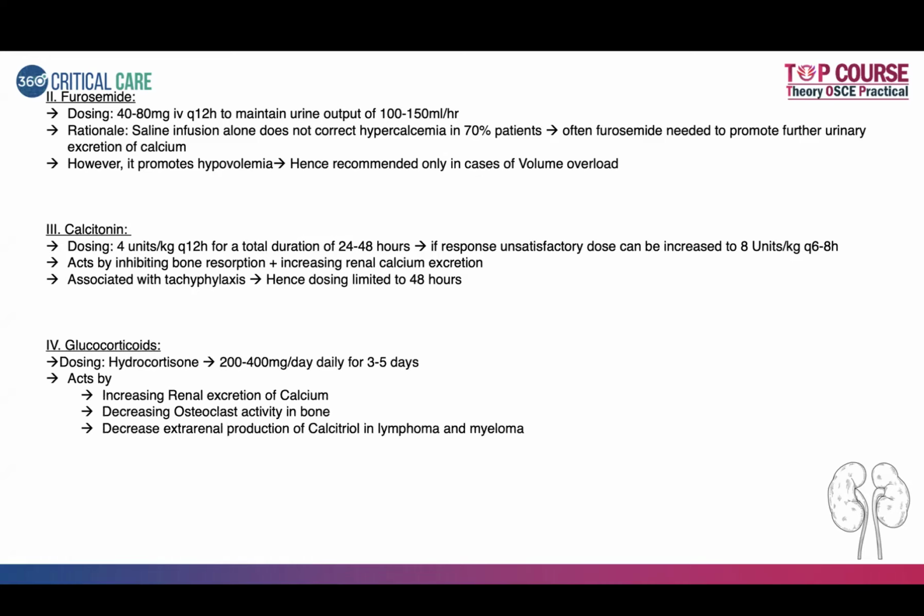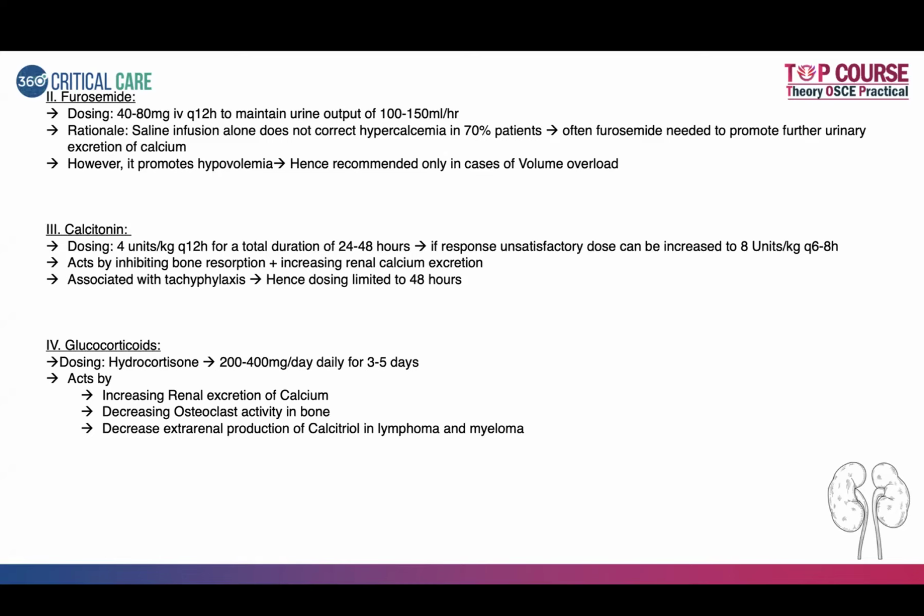The next important drug is glucocorticoids. The dosing is 200 to 400 milligrams per day for 3 to 5 days. Its mechanism of action is increasing the renal excretion of calcium, decreasing the osteoclast activity in bone, and decreasing extrarenal production of calcitriol in lymphoma and myeloma.